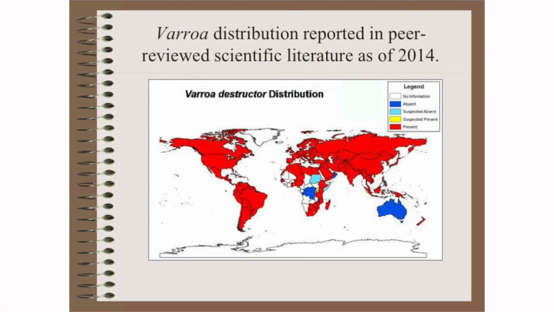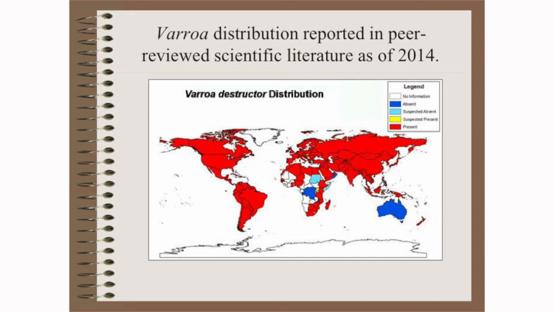So you can see worldwide in red, the areas in blue. Australia, as the most current information we have now, has no varroa mites there, but they suspect that if someone moves them in there, since they have to be physically moved. So how they move about so much is movement of queens and any components of a hive.